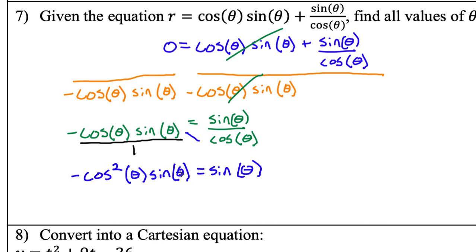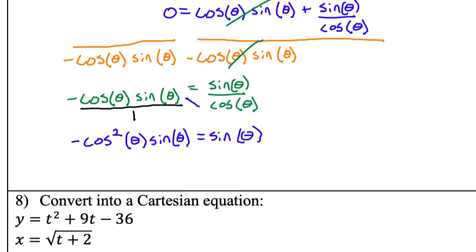These sides will only be equal if sine of theta is 0. If this is 0, then 0 times cosine squared of theta is also 0. So one of the answers, logically inferring here, is where sine of theta is equal to 0, because that will make the left and right sides equal to one another.